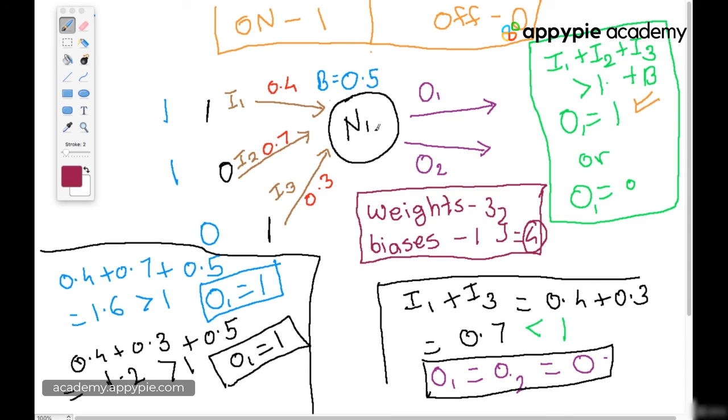In the neural network you have thousands or even tens of thousands of neurons, and millions of connections or millions of weights and a lot of biases. So it is a really complex structure, and in the next lecture we'll be focusing on some different activation functions.